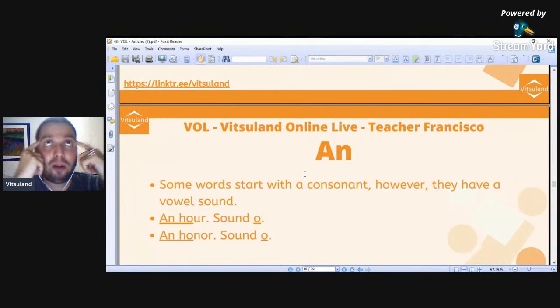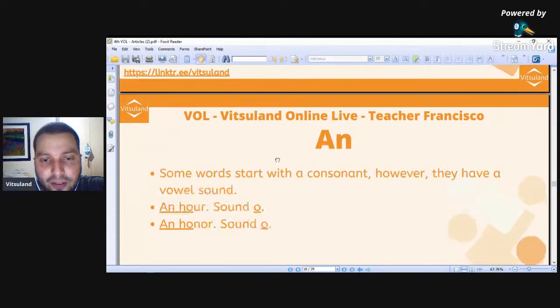If it's a vowel sound, you're going to use an. If it's a consonant sound, you're going to use a. Sometimes it can be a vowel or a consonant, but you have to verify the sound. You have to check the sound of the first syllable of the word. This is the secret of these articles.